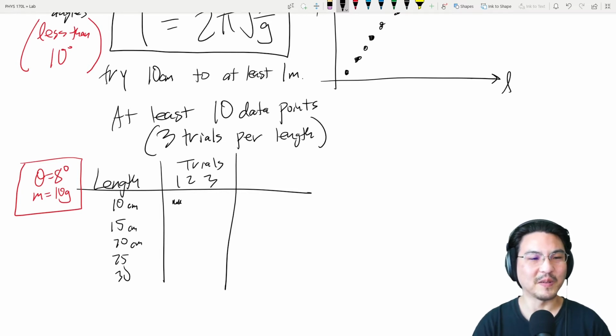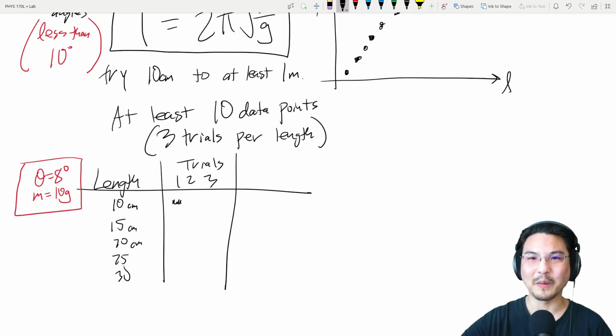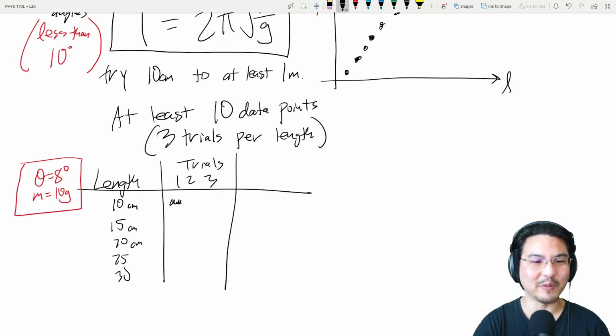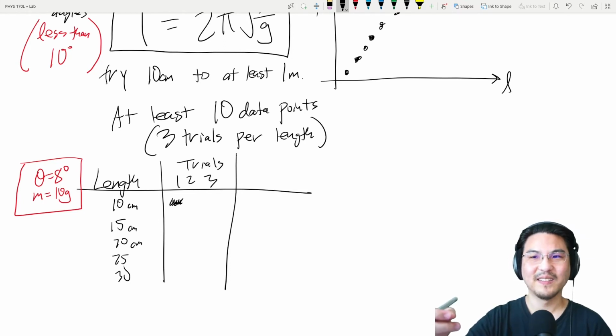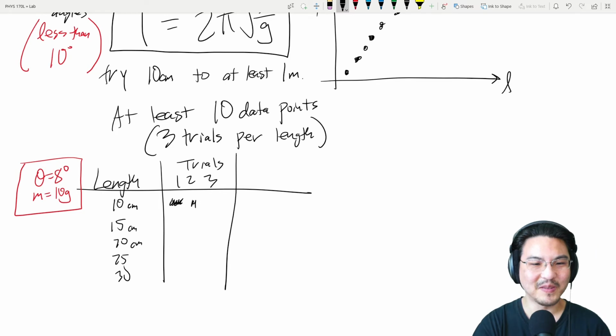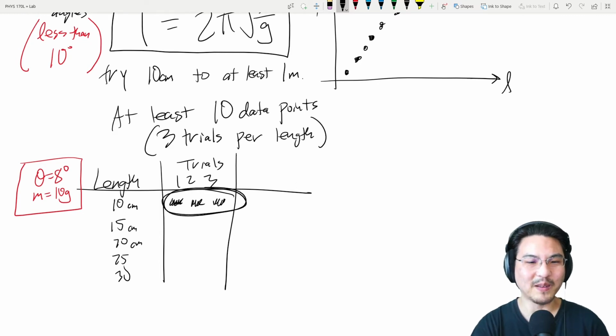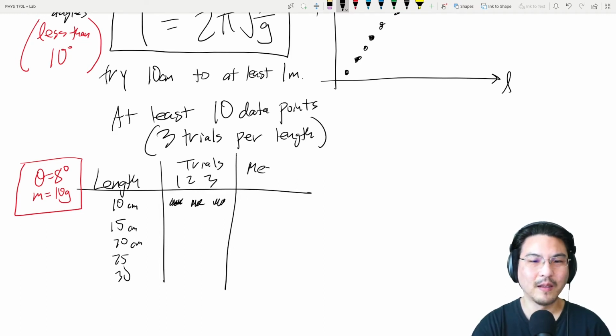Okay, so then you have 8 degrees, 10 grams, 10 centimeter length, let it go, goes 3 times, divide by 3, there's trial 1. Reset, let it go, swings 3 times, divide by 3, there's trial 2, reset, swings 3 times, stopwatch, divide by 3, there's trial 3, then take the mean of these, and that goes right here.